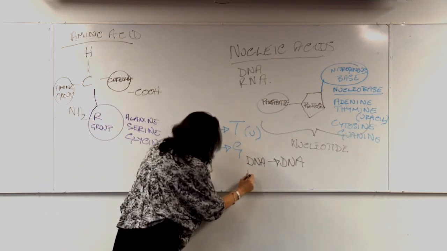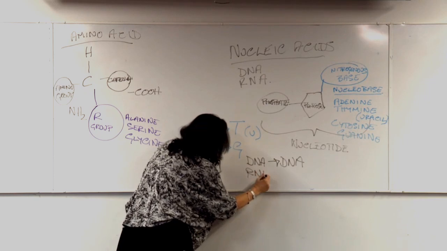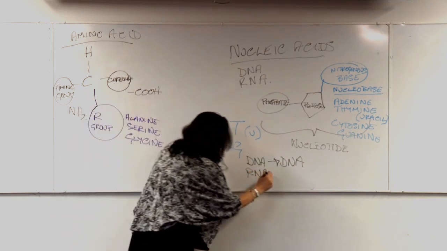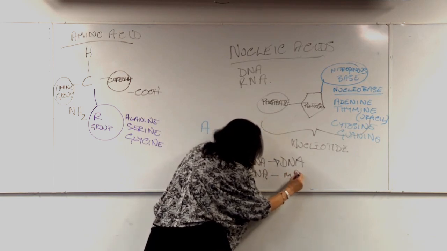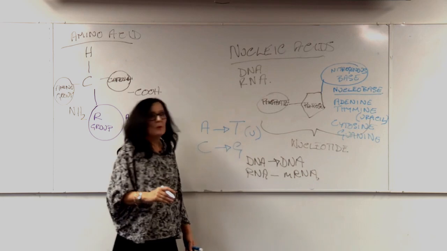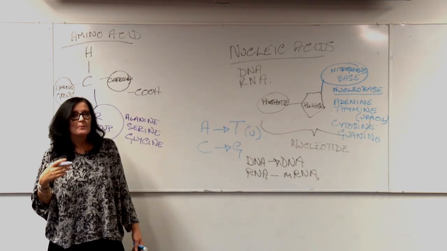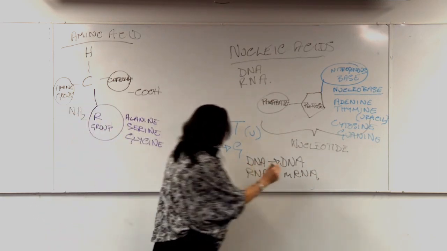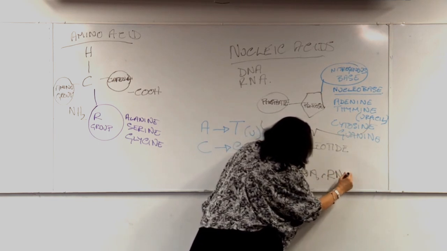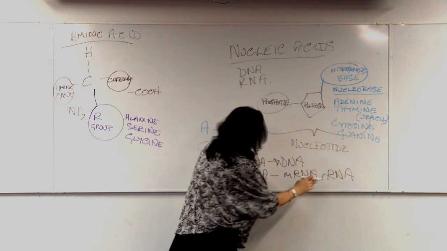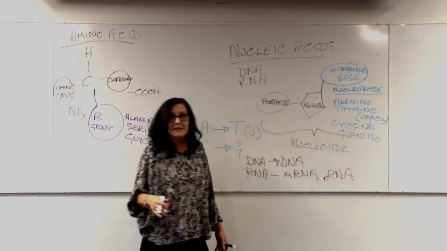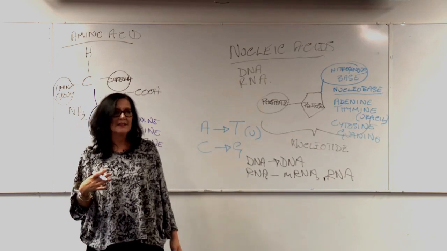So in terms of RNA, we have messenger RNA, mRNA. We have ribosomal RNA, which forms the ribosomes. That's not a very good R, is it? There we go. And we have transfer RNA.